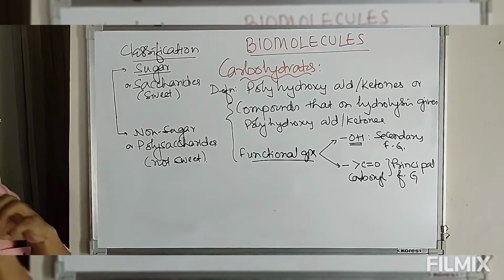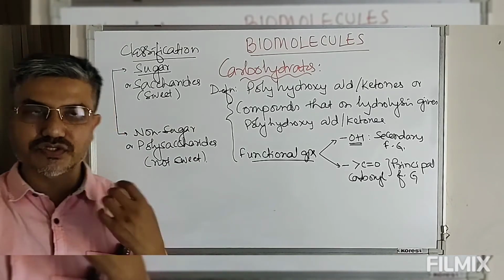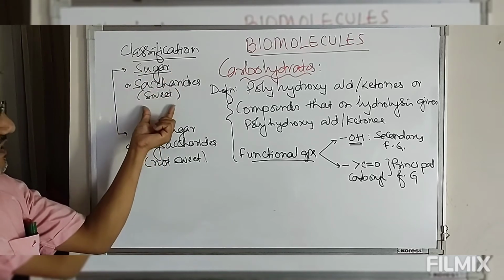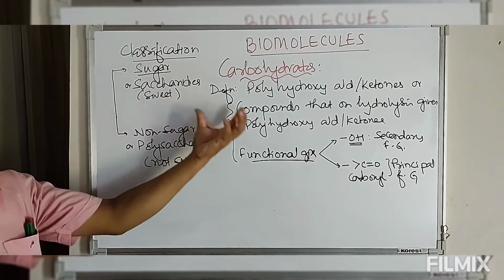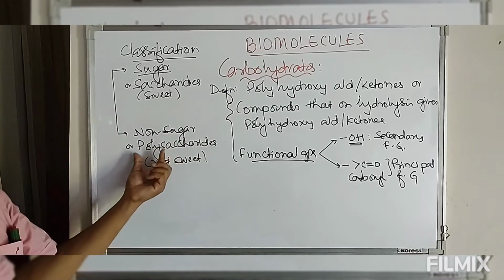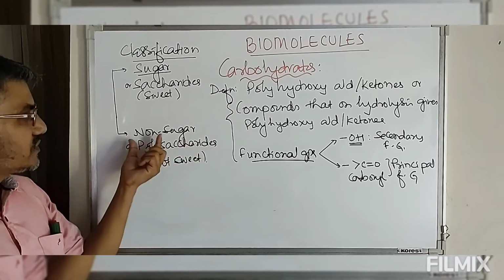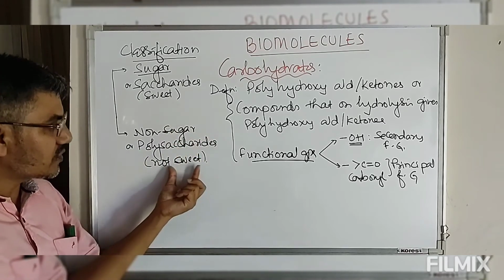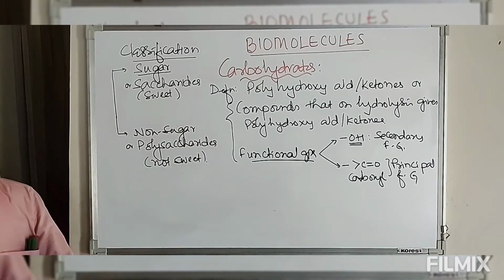So the broad classification is sugar and non-sugar. Sugars are sweet in taste and are known as saccharides, and the other one is known as polysaccharides, which is also known as non-sugar and does not have a sweet taste.